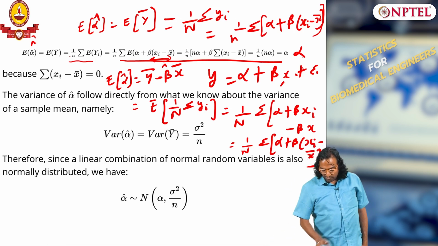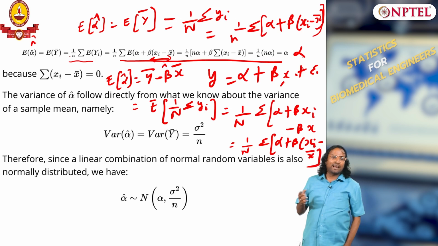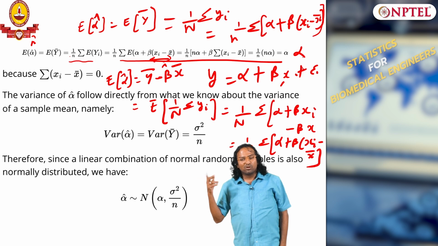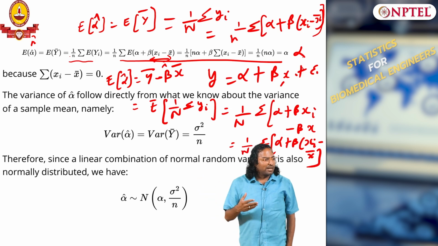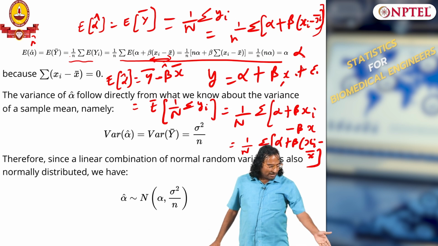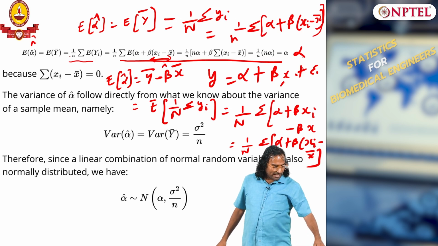So now if you take expectations, it will turn out that the expectation of beta naught hat equals beta naught. This is like the expectation of x bar equals mu, so beta naught hat will boil down to beta naught. In this case the xi minus x bar summation, 1 over n, will go to 0, so the first term alone will remain, so the expectation of alpha hat equals alpha.